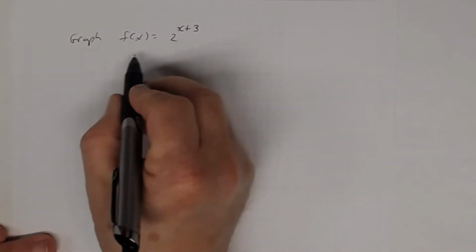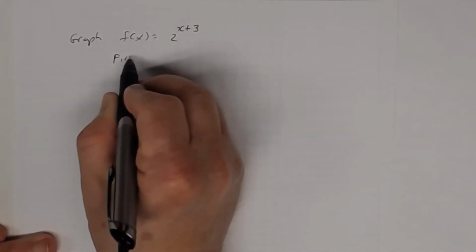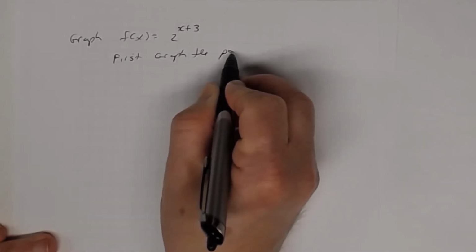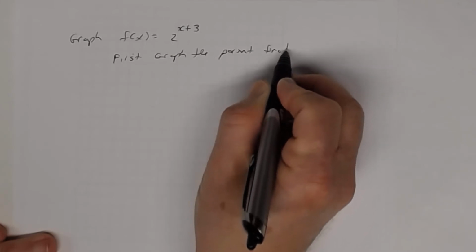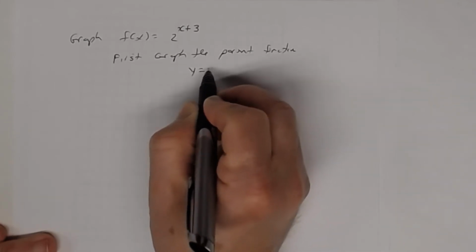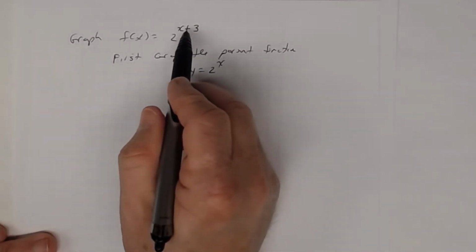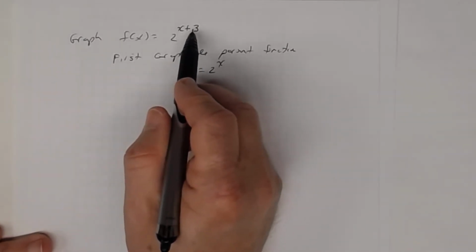All right, so to graph this using transformations, first of all, we're going to graph the parent function, which in this case will be y equals 2 to the x. And so once I graph the parent function, remember x plus 3 tells me that's a horizontal shift.